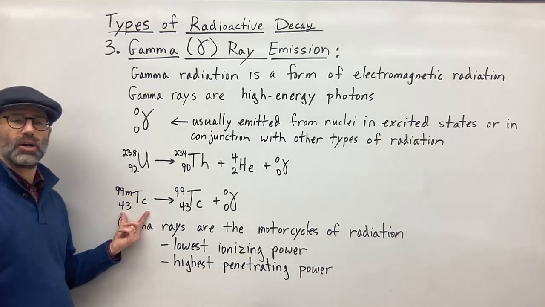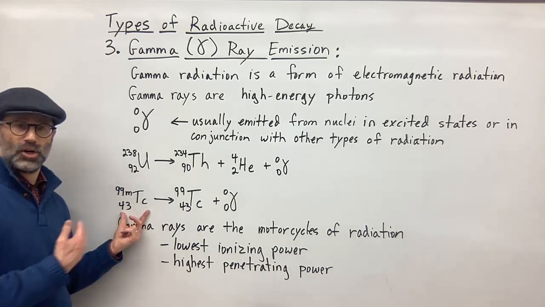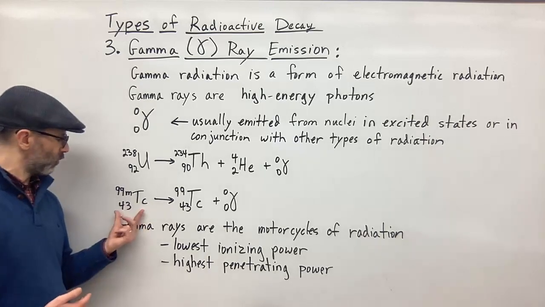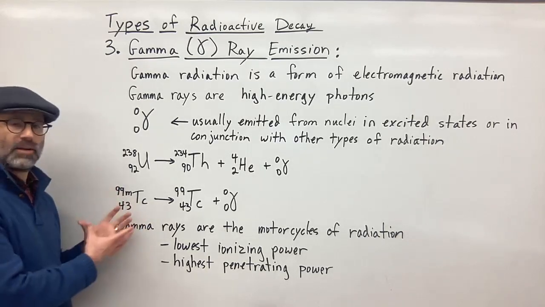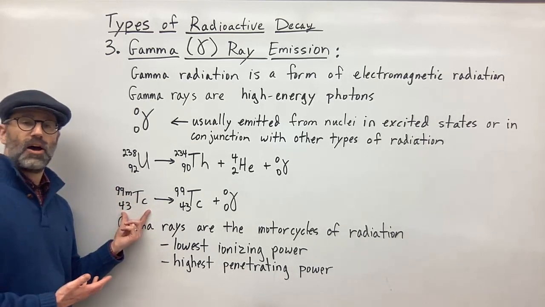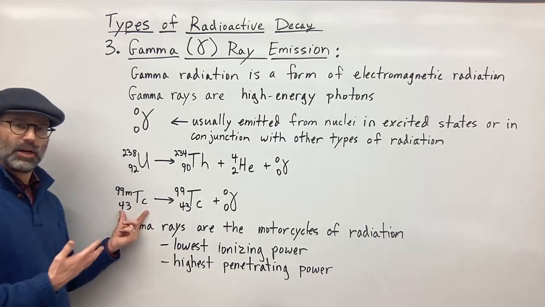This would be the daughter isotope after your parent isotope has undergone some sort of decay like alpha or beta decay. So here's the result. It's metastable, meaning that it hasn't released the gamma radiation, but it will at a later time.